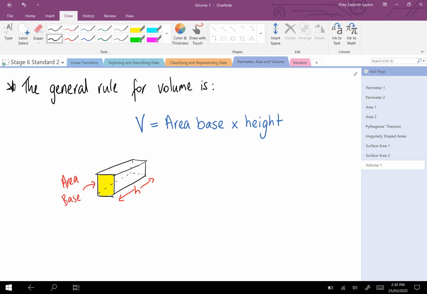So even if we had a different shape, let's say like so, now this of course would be a triangular prism.